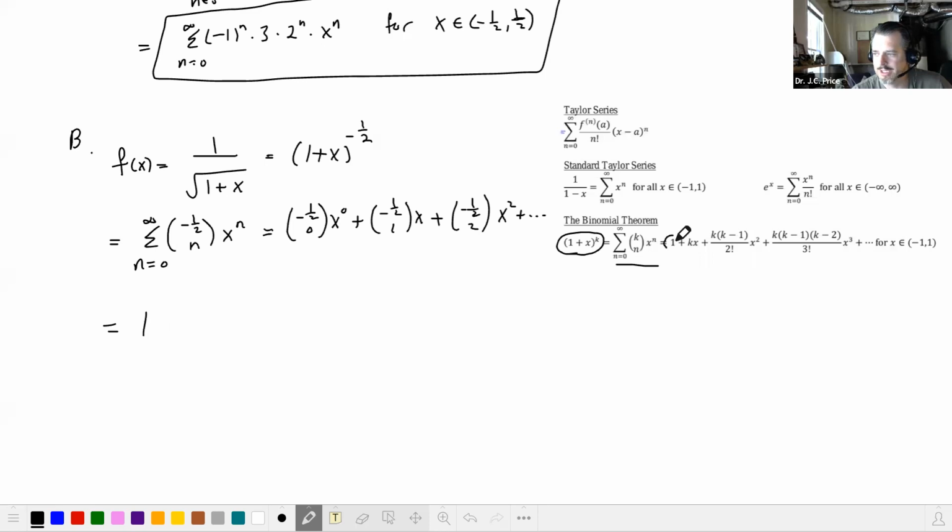And then plus -1/2 choose 1, which is just -1/2, so it's going to be -1/2 times x.